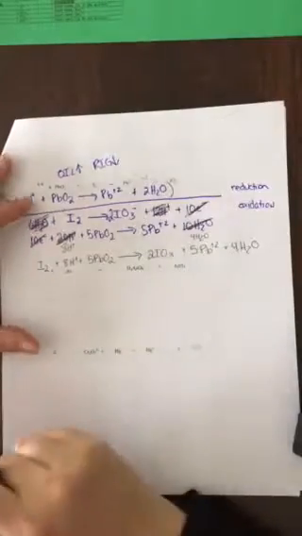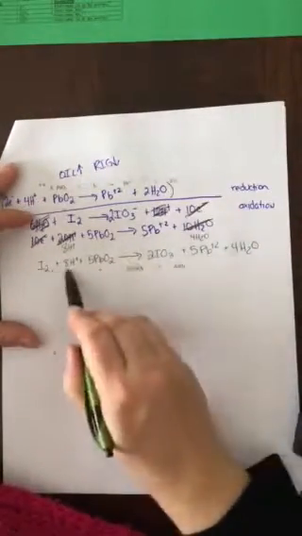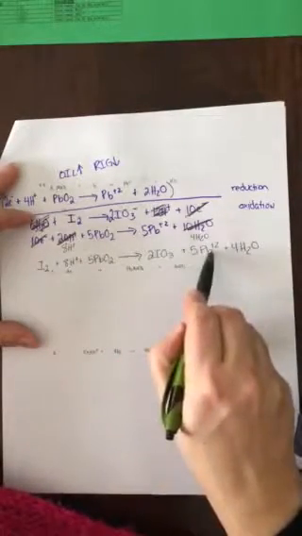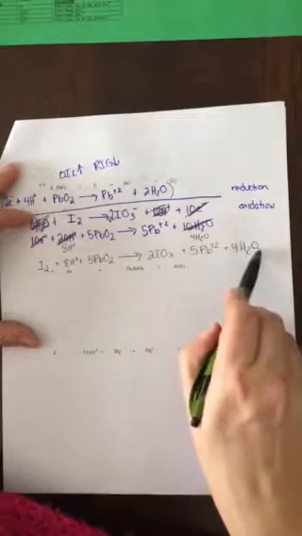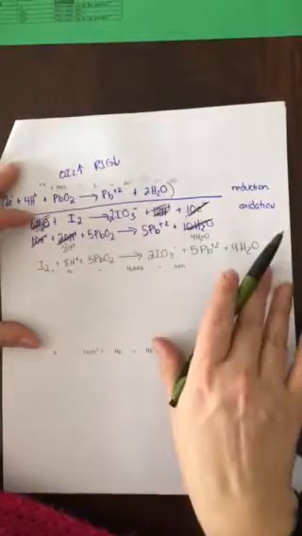Now before I circle it and say I'm done, I got to check. 2 I's, 2 I's. 8 H's, 8 H's. 5 Pb's, 5 Pb's. 10 oxygens. Here I have 6 plus 4, 10 oxygens. So all of my elements are totally cool.